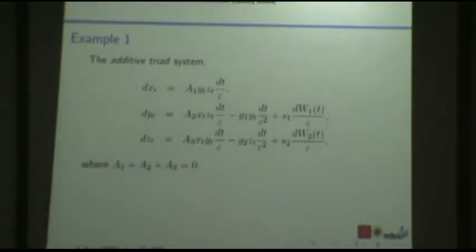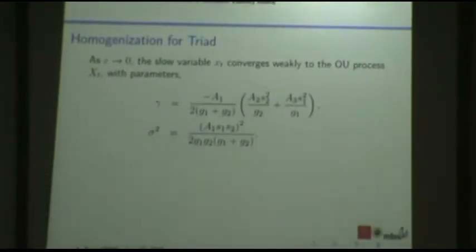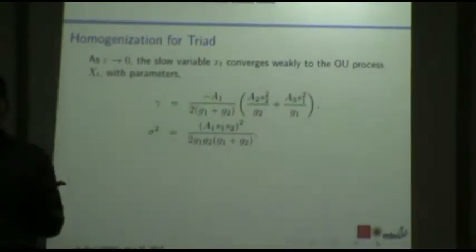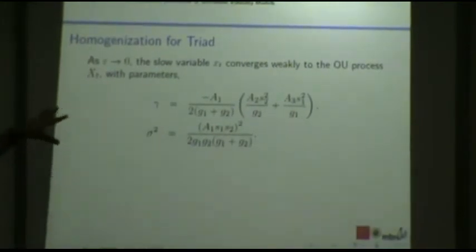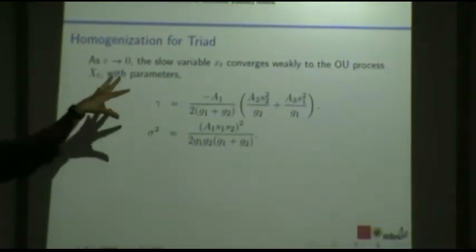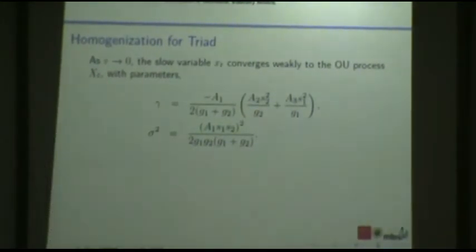But the theory tells us that as epsilon goes to 0, the slow variable X_t converges. In the particular example I'm looking at, it converges to the Ornstein-Uhlenbeck process, which is what I had set up in the previous example itself.